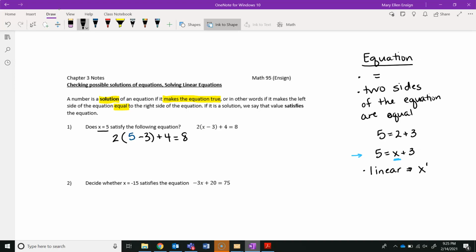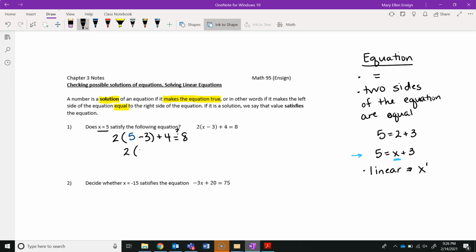Okay, now we know from order of operations that we're going to do what's in parentheses first. Before we do that, let's think about what we're trying to find here. We're trying to find if when x equals 5, does that left side actually equal that right side? If it does, then 5 is the solution to the equation. It satisfies it. If it does not, then 5 is not the solution.